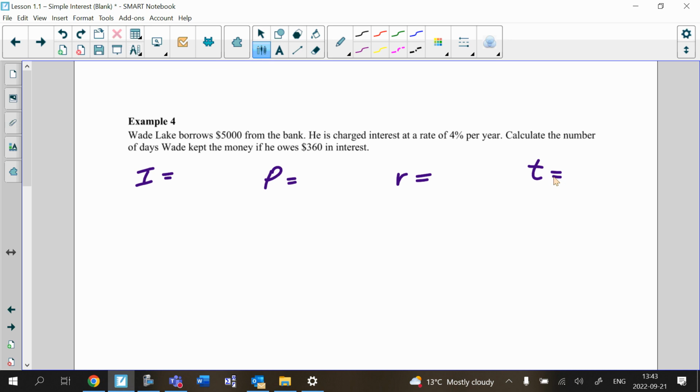Calculate the number of days it took. So the time is unknown. And the interest that he earned, or that he had to pay, was $360. So again, going to our formula, this time to find T, you're going to have the interest divided by the principal times the rate.